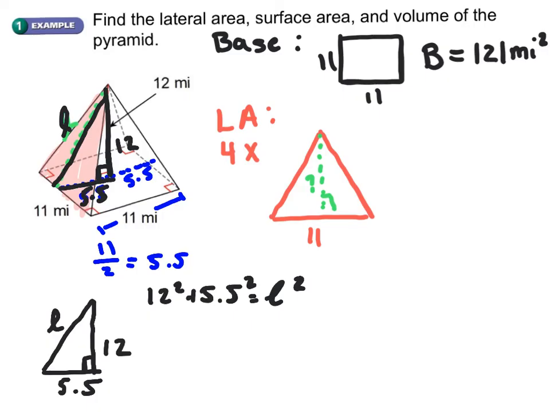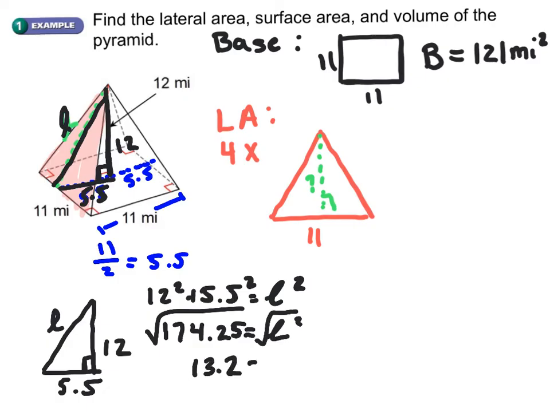If I add 12 squared plus 5.5 squared, it gives you 174.25 equals L squared. So if you take the square root of both sides, you get a value of 13.2 equals L. So now this side is 13.2.